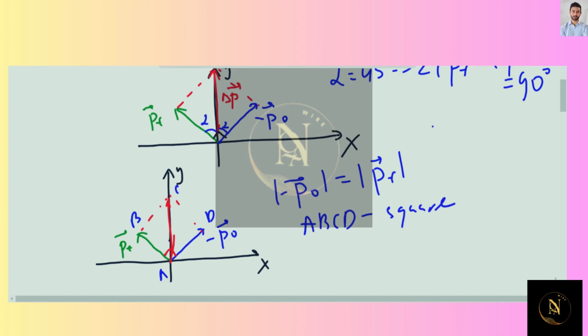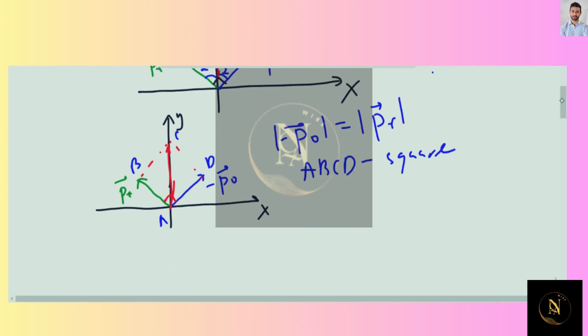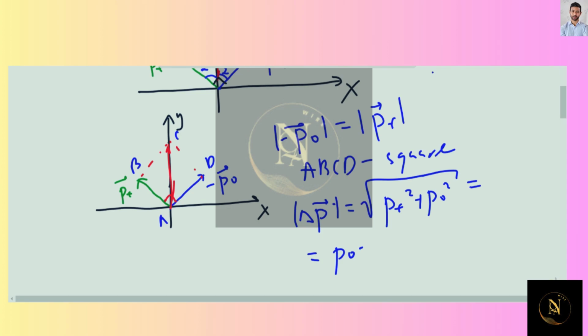So then it means that the diagonal of the square, or delta P, equals the square root of final impulse squared plus initial impulse squared, or it equals the initial impulse multiplied by square root of 2.